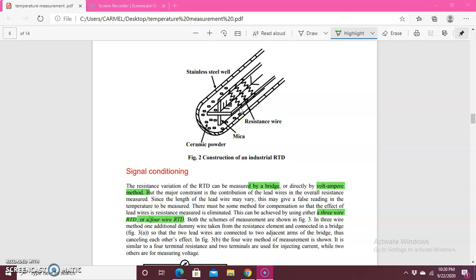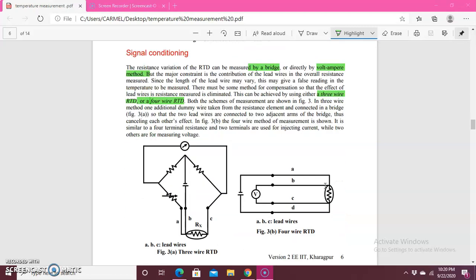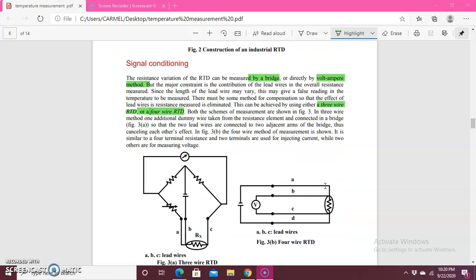But how can we measure the resistance? We have to go for a Wheatstone bridge. Already in the previous class, we had a discussion on Wheatstone. In the unknown part, we have to connect your RTD. Not only that, we can go for the volt-ampere method also. You can just look at the diagram. There are two combinations: this is called 3-wire RTD and this is 4-wire RTD.